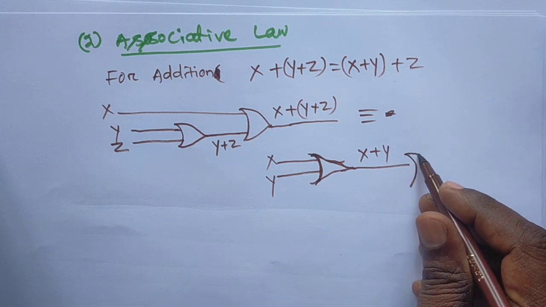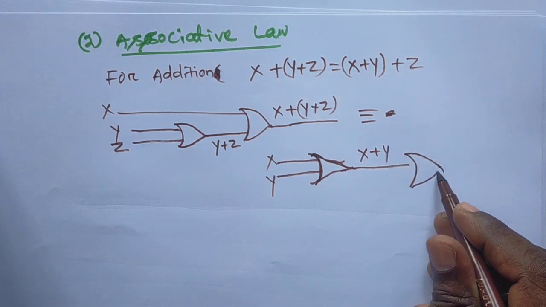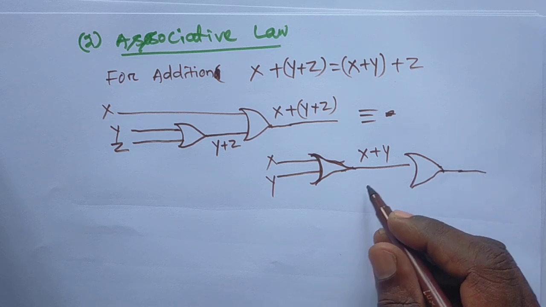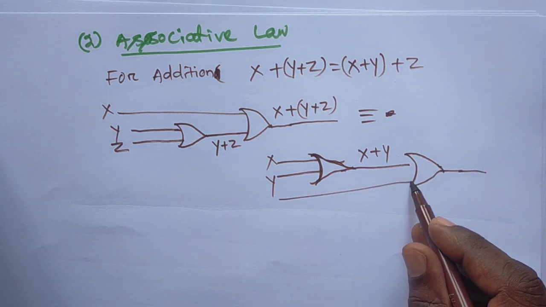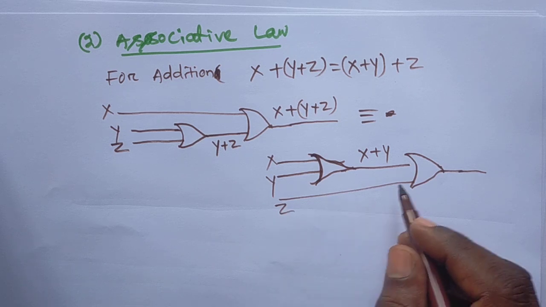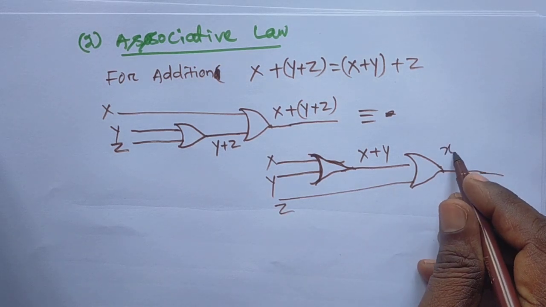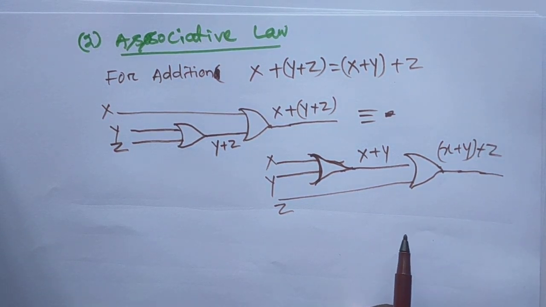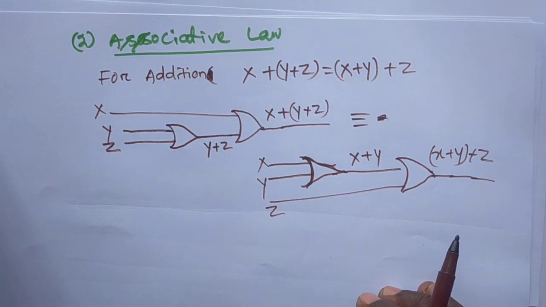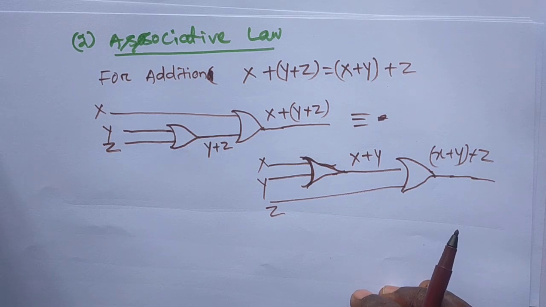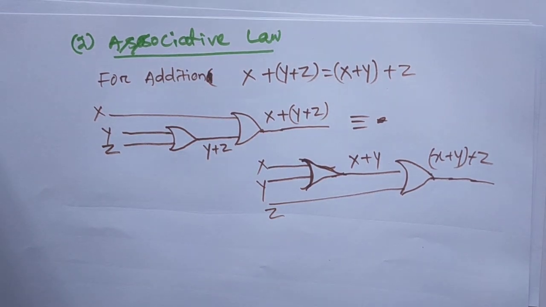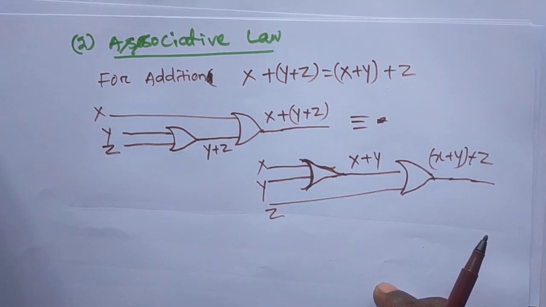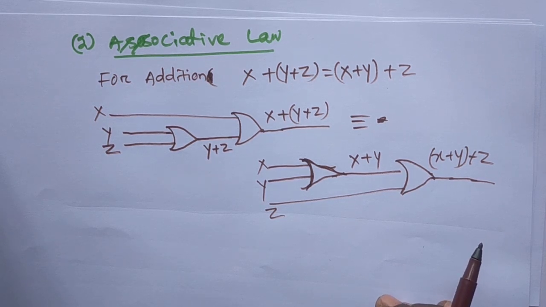It is also defined another, here is z. So the last result is x plus y plus z. So this is for addition. For addition, x plus y plus z is equal to x plus y plus z. Very simple way.